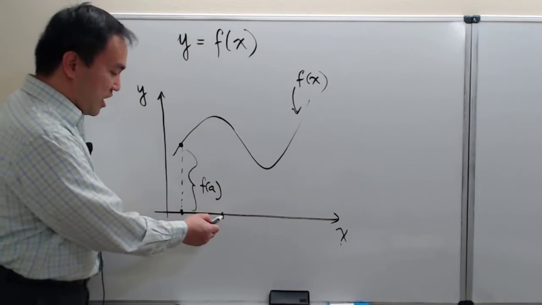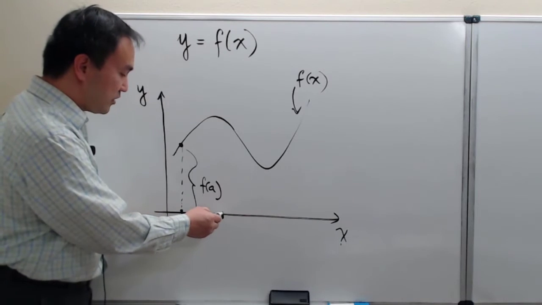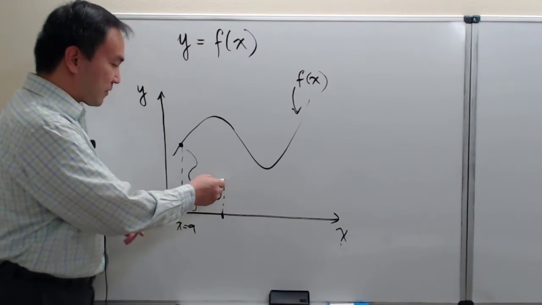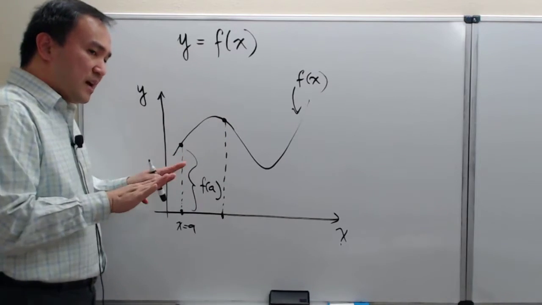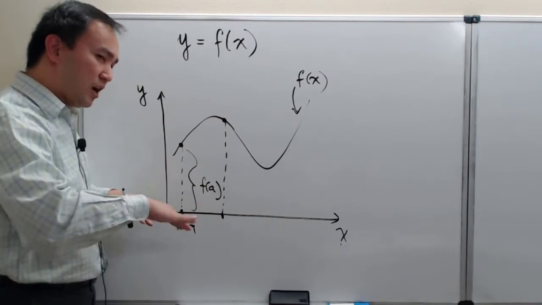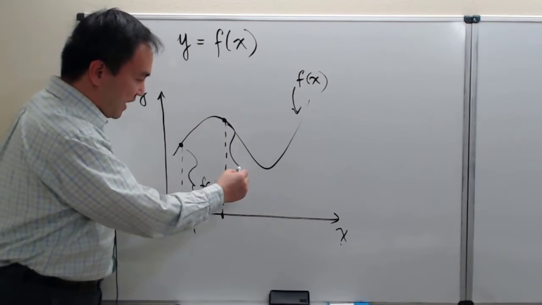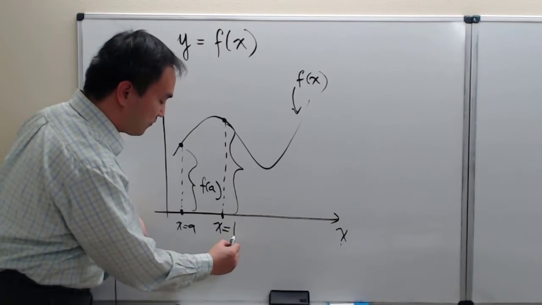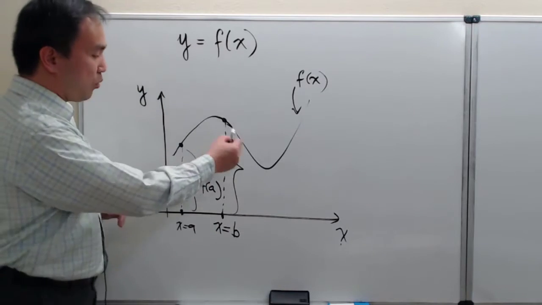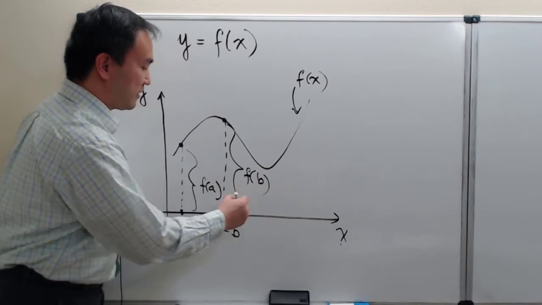As we change to a new value on the x-axis, our y value changes to a different value. I'm not going to say right now whether it is higher or lower. That's not the point, but we have another value for y right here. So when our x value changes to x equals b right here, then our y value changes to f of b right here.